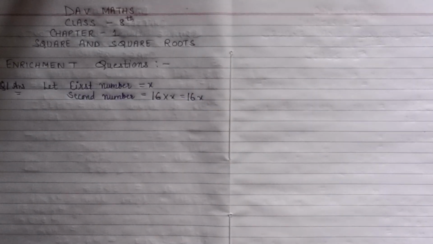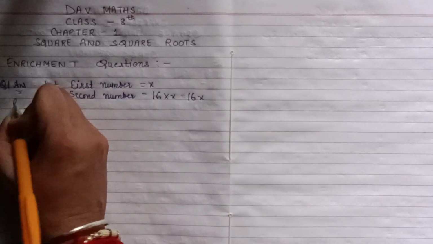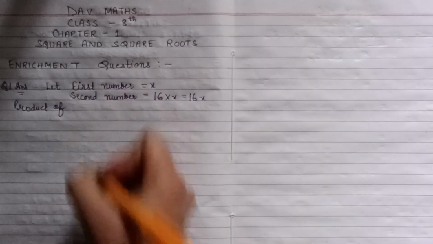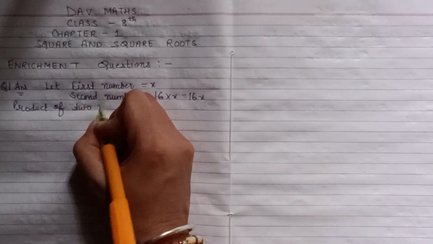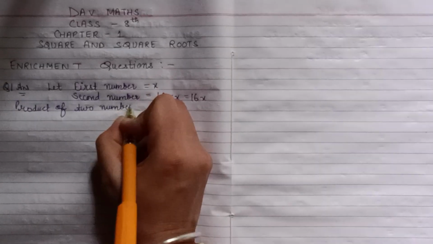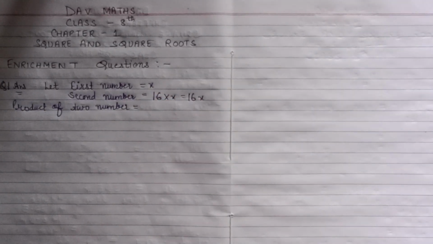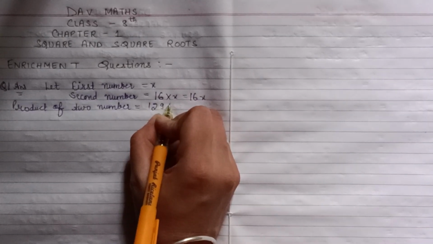Then according to the question, the product of the two numbers is equal to 1296.